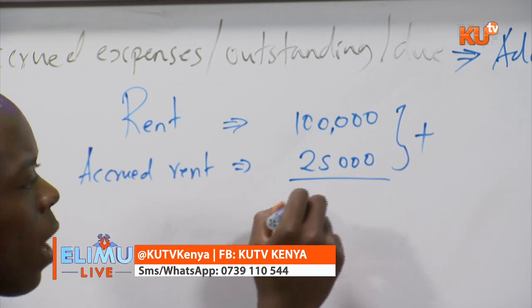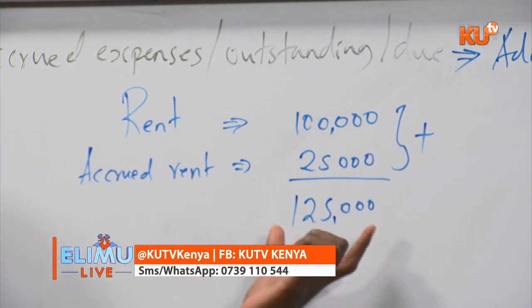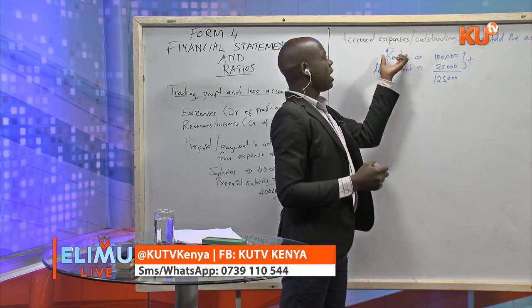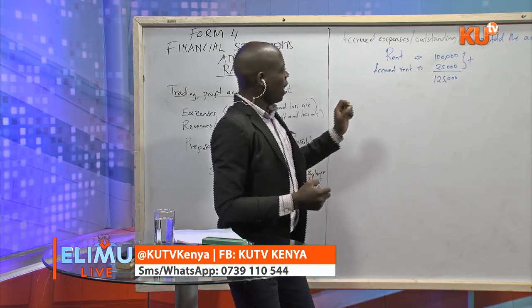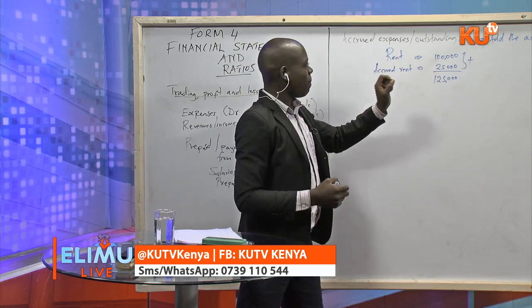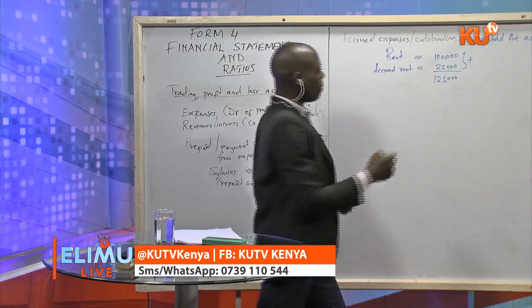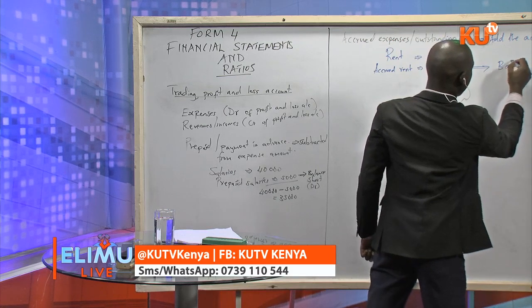This gives us 125,000. So this is what will be captured in the profit and loss account as an expense in relation to rent. However, when we are making the balance sheet, we transfer the accrued rent to the balance sheet.